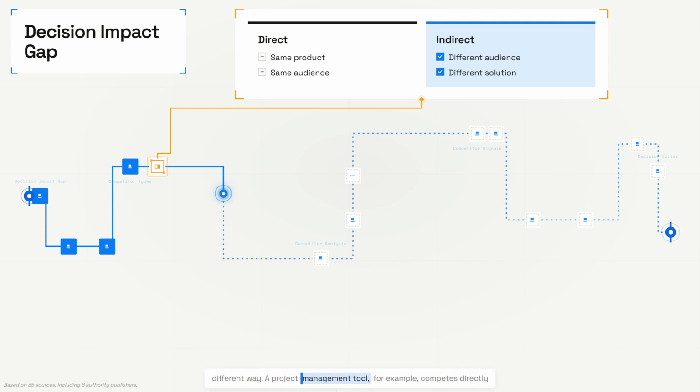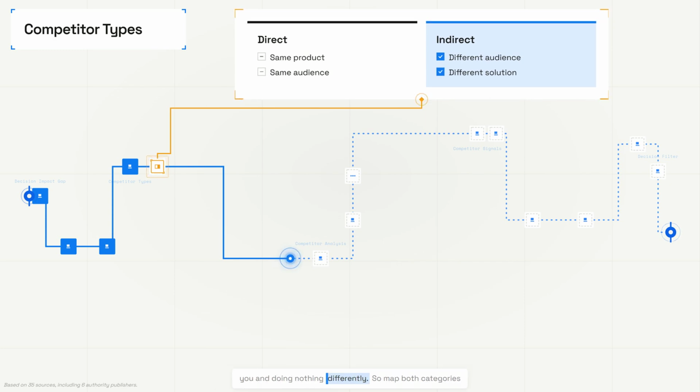A project management tool, for example, competes directly with other project management tools, but indirectly with email, spreadsheets, and shared documents. Missing indirect rivals creates a strategic blind spot because customers don't always choose between you and your competitors. Sometimes they choose between you and doing nothing differently. So map both categories before you start gathering data.